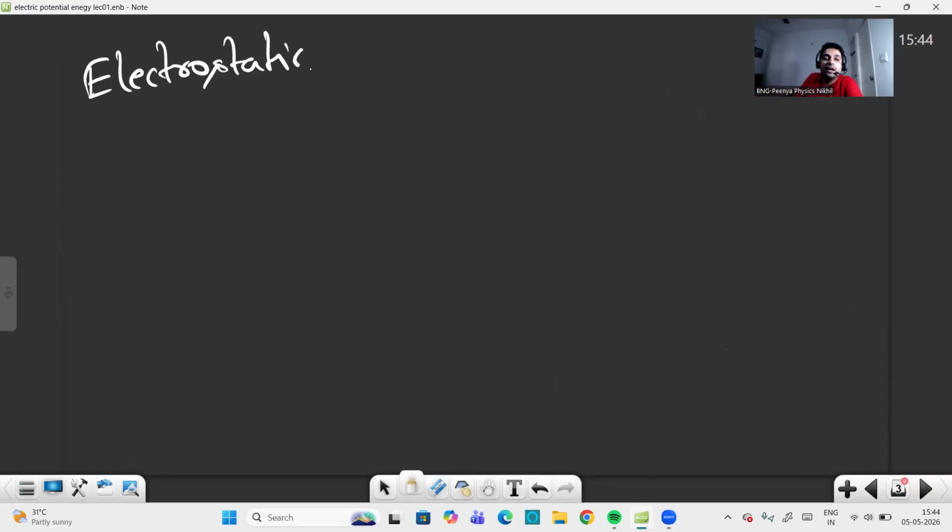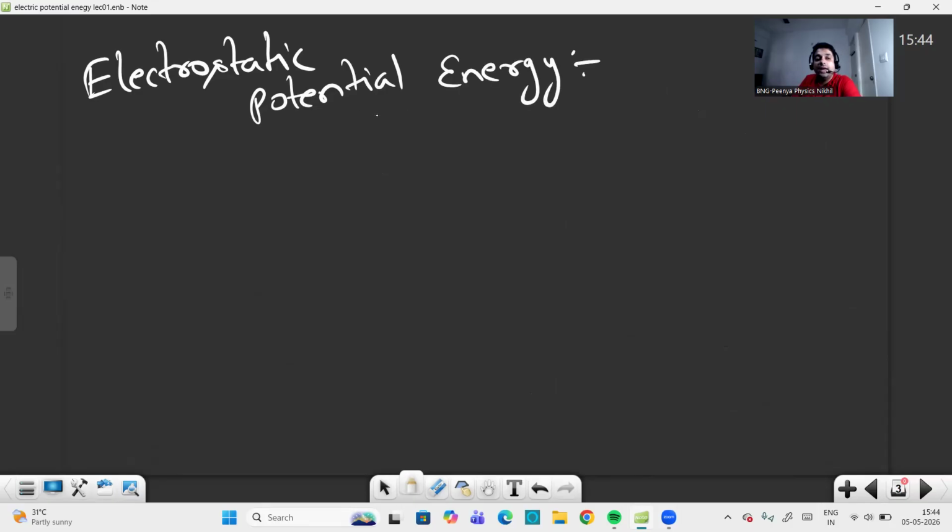Basically, potential energy is the work done against the field, stored in the form of potential energy. Here the electric field is there, so work done against the electric field by any charge is stored in the form of electrostatic potential energy.